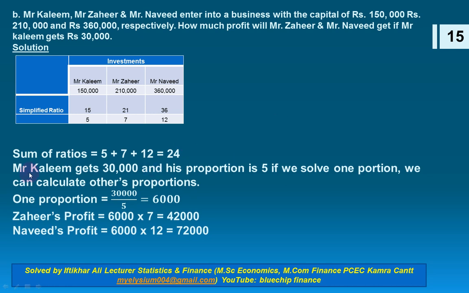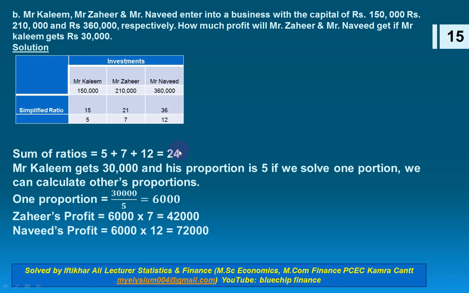Mr. Kaleem gets 30,000 and his proportion is 5. Here is Mr. Kaleem, and what is his ratio? 5. He is getting 30,000 as a profit.